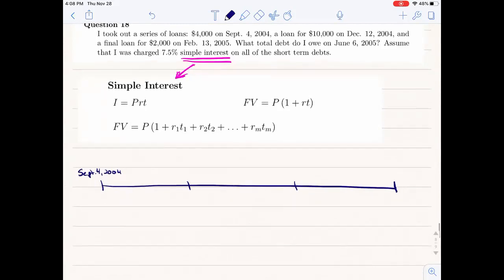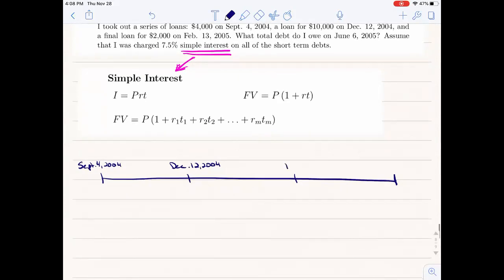I'm going to put my dates on and then put my amounts on. December 12th, 2004. February 13th, 2005. And then June 6th, 2005.